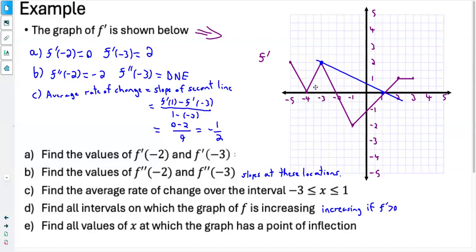So therefore, from -5 to -4, or sorry, from -4 to -2, and from 1 to 3.